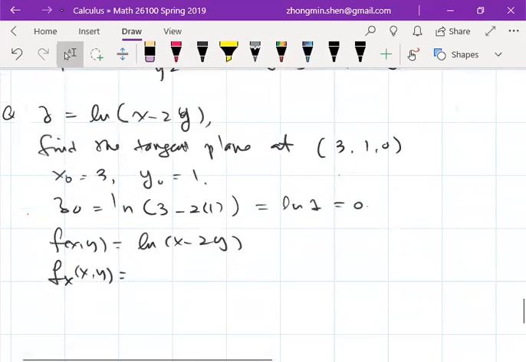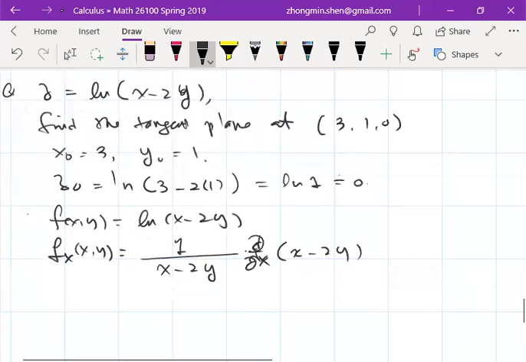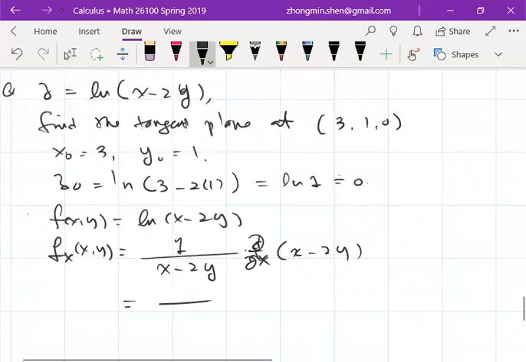You get the partial derivative 1 over x minus 2y, then you differentiate the inside function. With respect to x, the partial derivative of the inside is 1. So that's just 1 over x minus 2y.